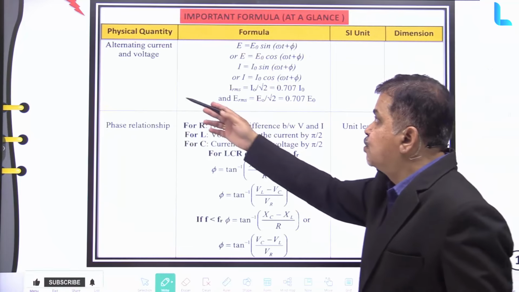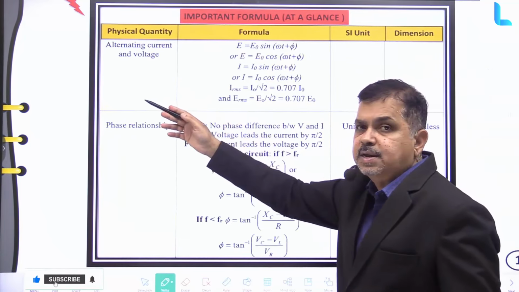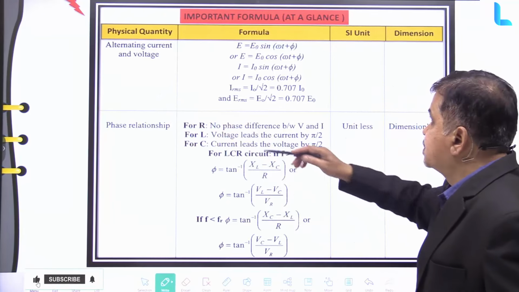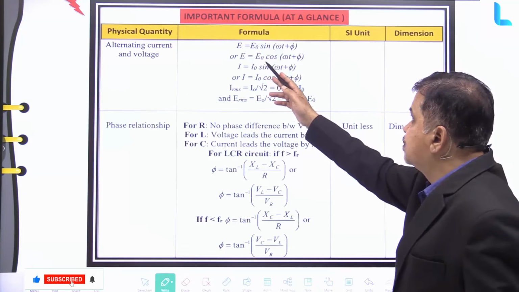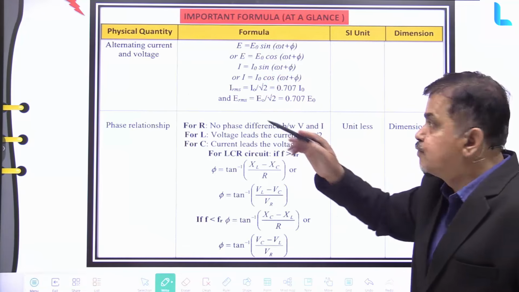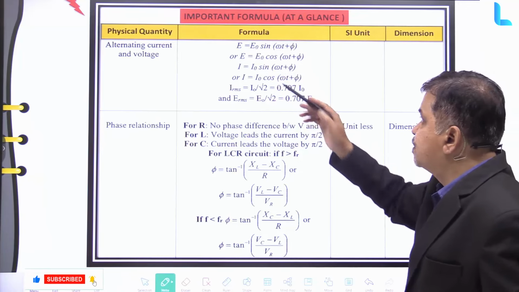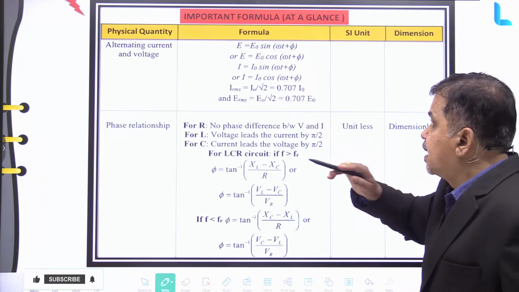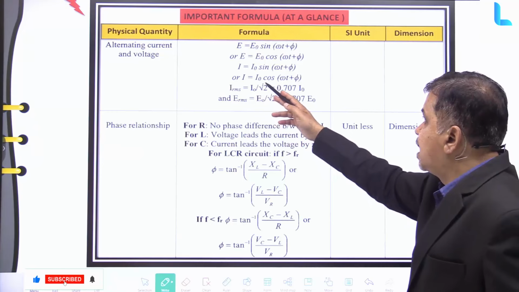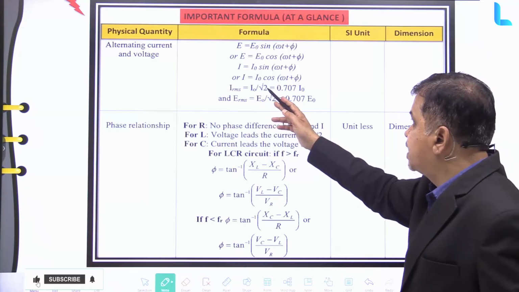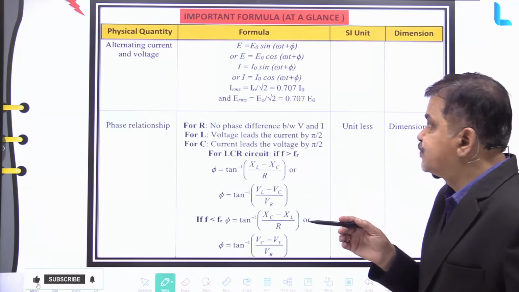So we can make a note of the first physical quantity, that is alternating current and voltage, given by the formula E equal to E naught into sine of omega t plus phi, or E equal to E naught into cos omega t plus phi, and current I is given by I naught into sine omega t plus phi, or I equal to I naught into cos omega t plus phi.